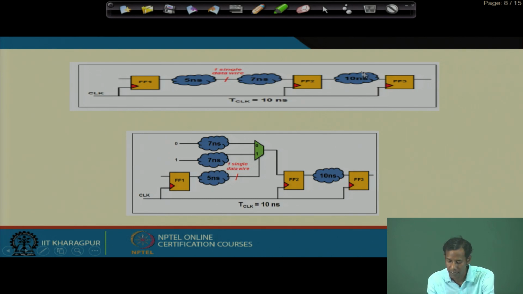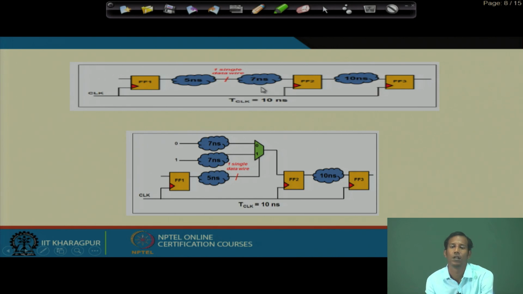In between flip flop 2 and flip flop 3 it has 10 nanoseconds. So what will the time period requirement be? 5 plus 7, 12, but according to my constraint, I just need T clock to be 10 nanoseconds, which is the maximum of this 10 nanoseconds.